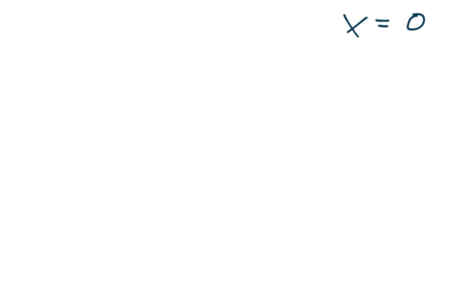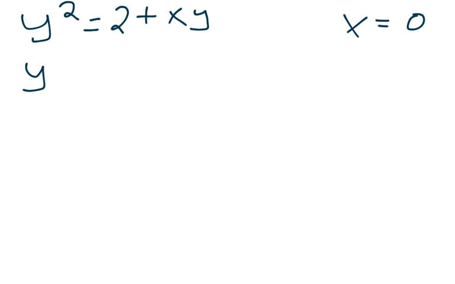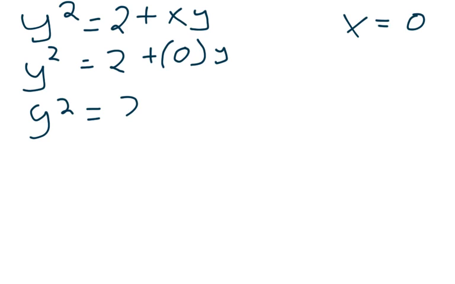Now that we know that x equals 0, we can plug it back into the original equation, y squared equals 2 plus xy. From there, we're going to plug in the 0 for x. That's going to get us y squared equals 2.